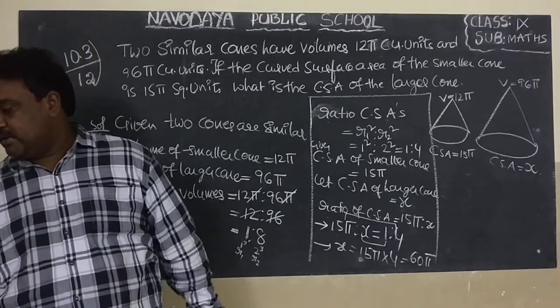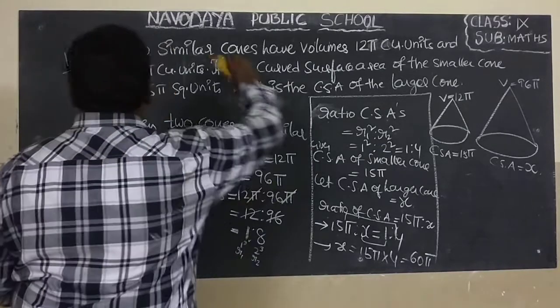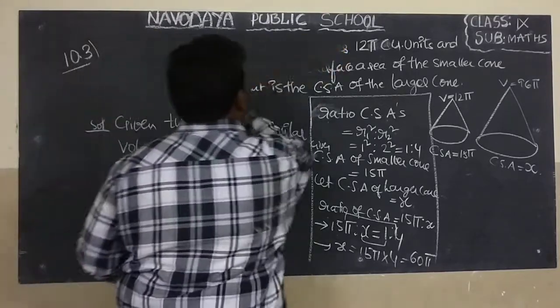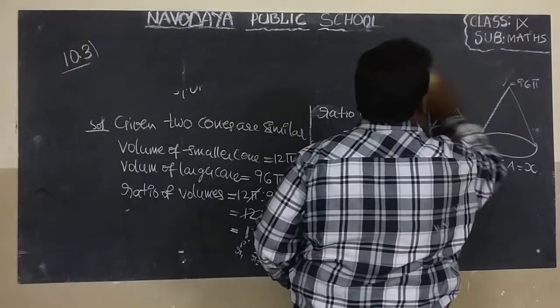Now keep adding 10.4. Write down the first problem, 10.4 first sum.